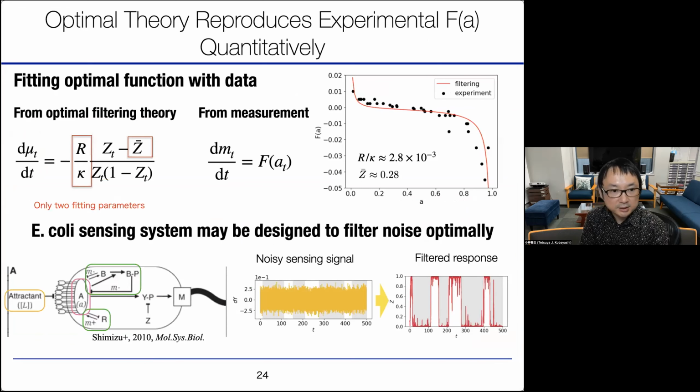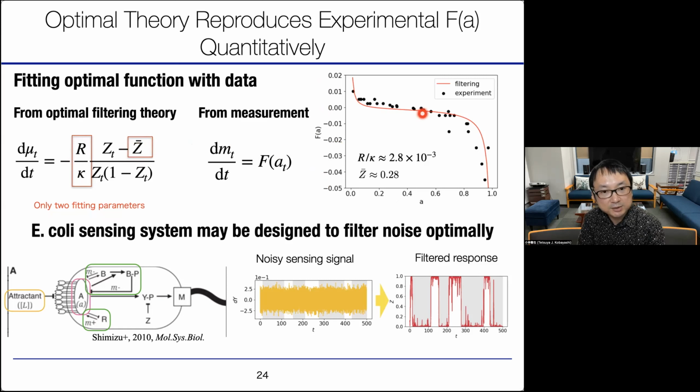So we did it. Black points are from experimental data, and the red line is our function on the right-hand side. Our function only has two fitting parameters. One is a scaling of the y-axis, and the other is a kind of bias of the swimming direction towards up or down.